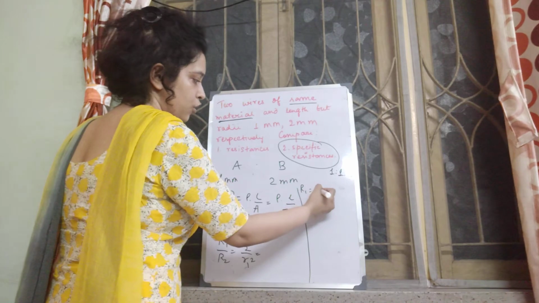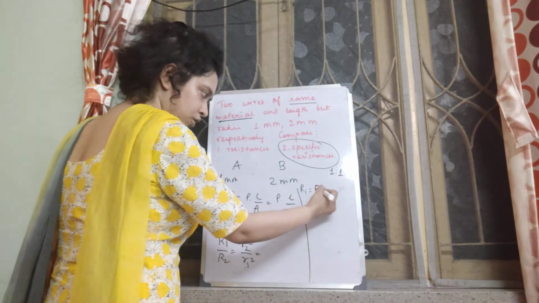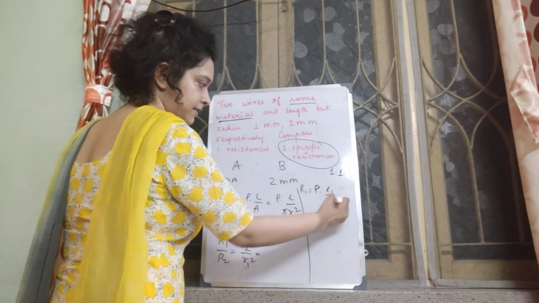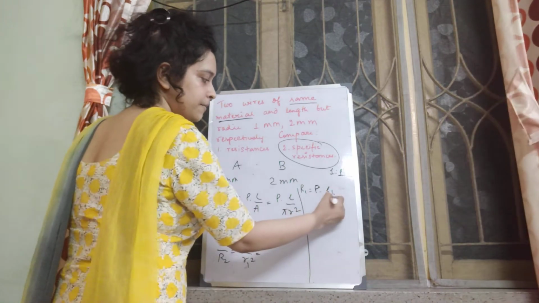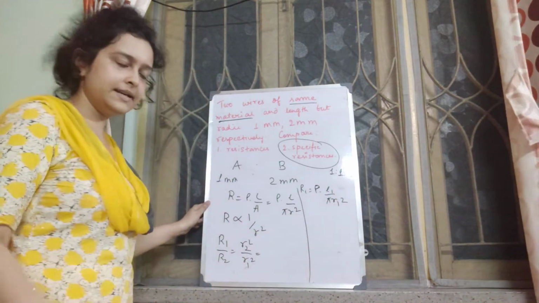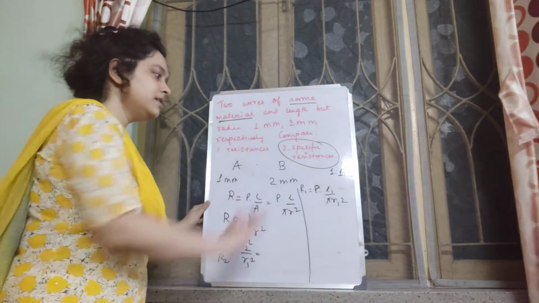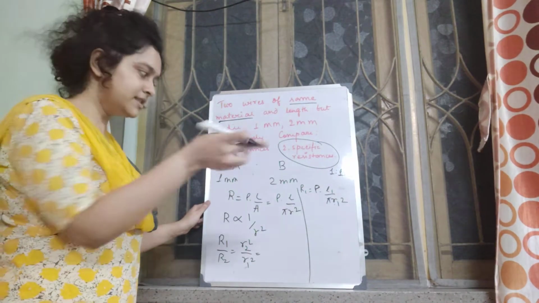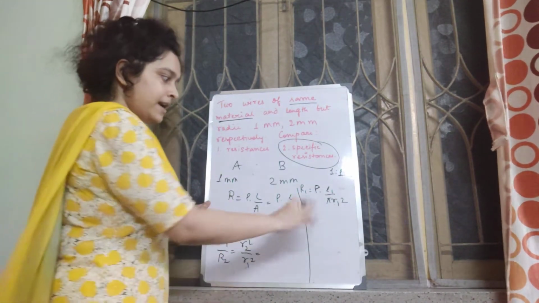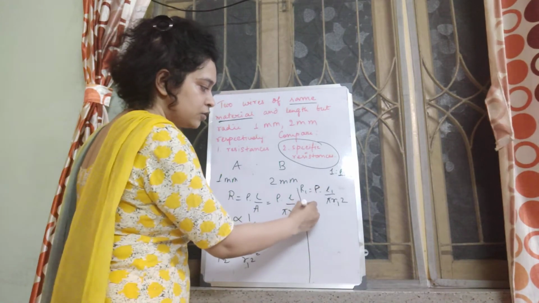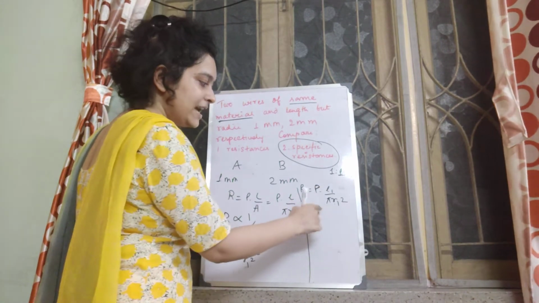Simple how I have got this. R1 is rho into L1 by A1, that is pi r1 square, because A is the cross section of the wire, as I did previously. R2 equal to rho into L2 by pi r2 square. Why have I written rho?